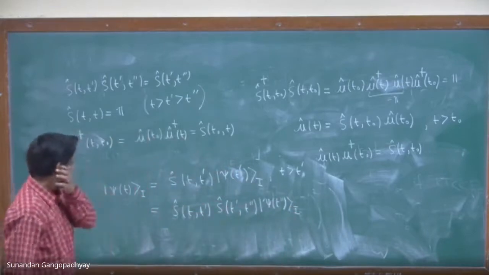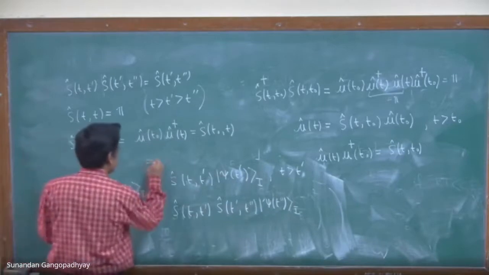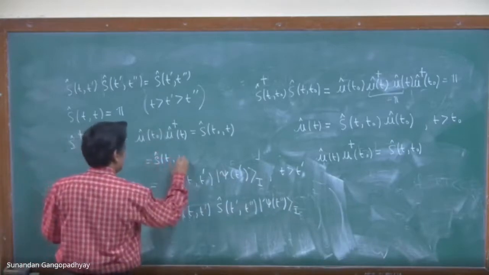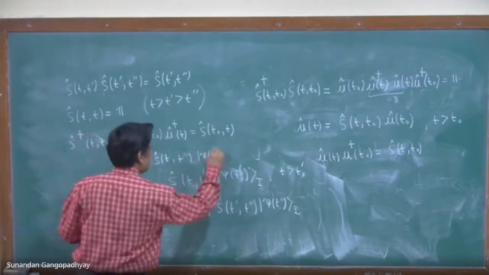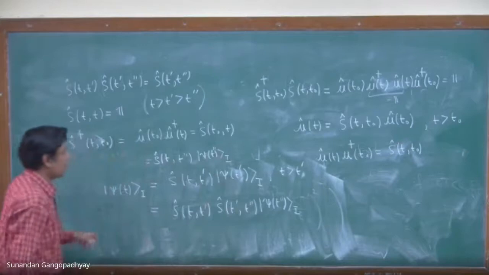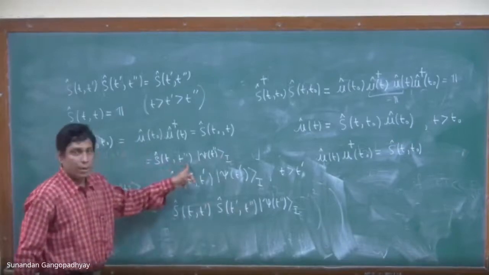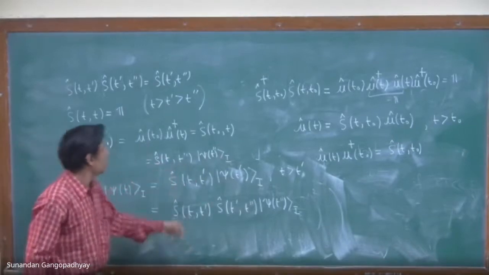And in one shot, we can also write S hat T comma T double prime, psi T double prime, where T is greater than T double prime.